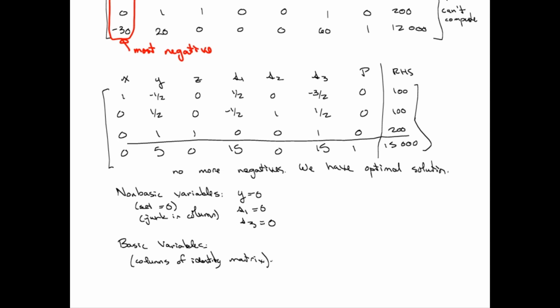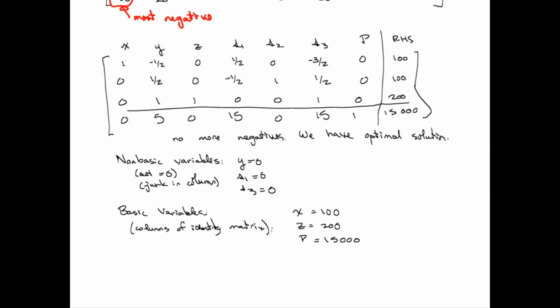For these, we get the values by looking at the right-hand side. So that means that I have x equals 100, z is equal to 200, and my p is equal to 15,000. Okay, so now I have values for all the variables. We need to interpret these according to the original problem.